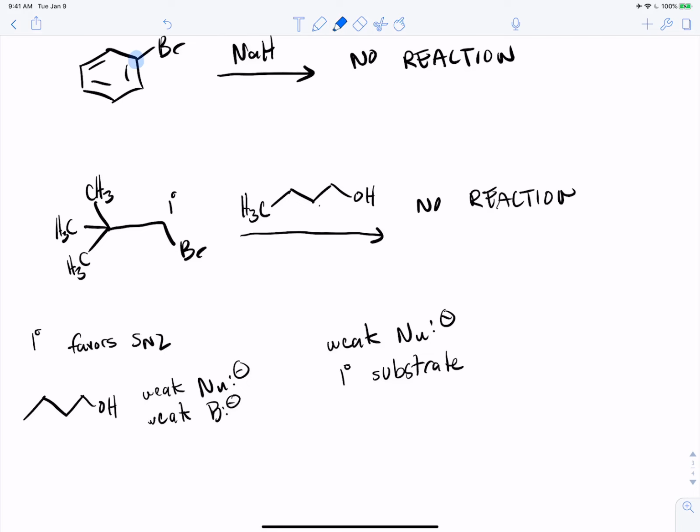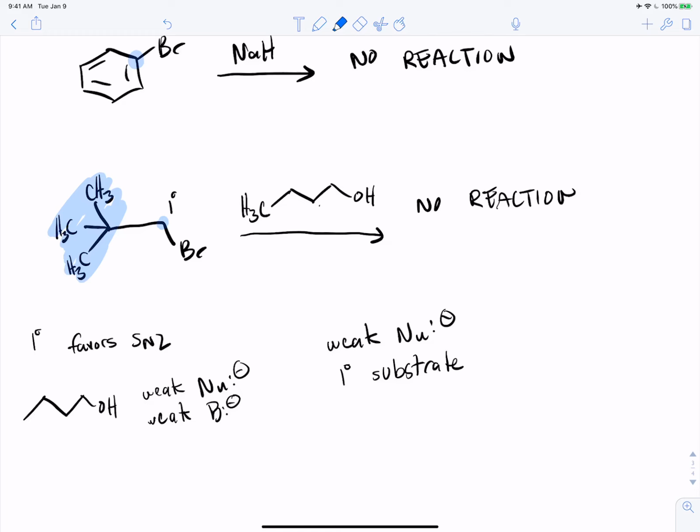And that is going to be exacerbated by what's called beta branching over here. So even though you've got a primary carbon here, you have a lot of branching on the carbon that is beta, and that also constrains the access to the antibonding orbital. So it increases steric hindrance, even though it doesn't follow just what you bluntly learn, which is that primary favors SN2.